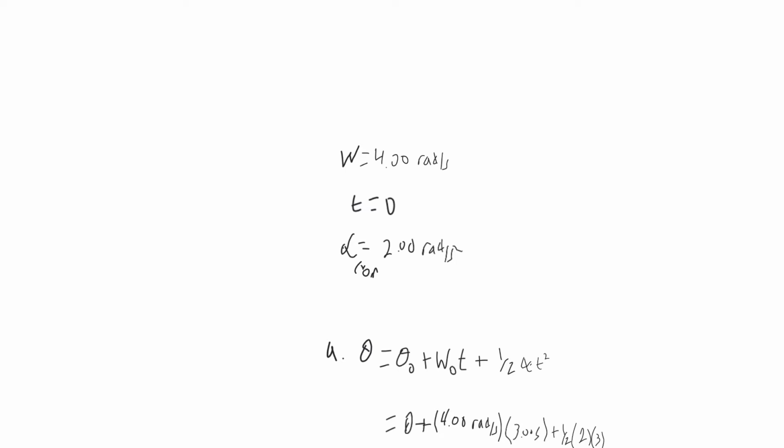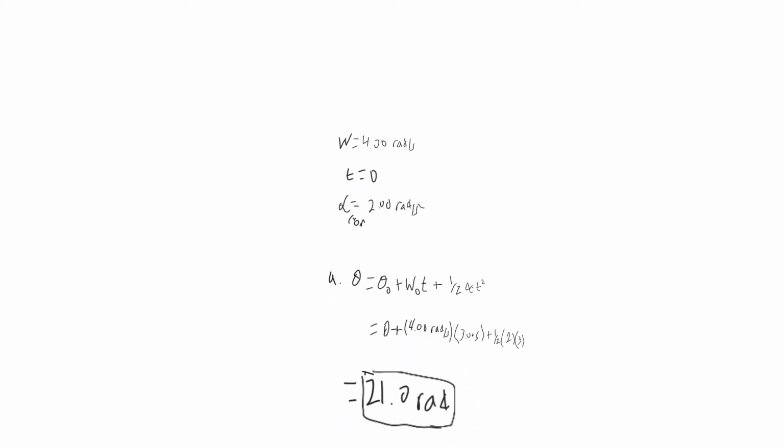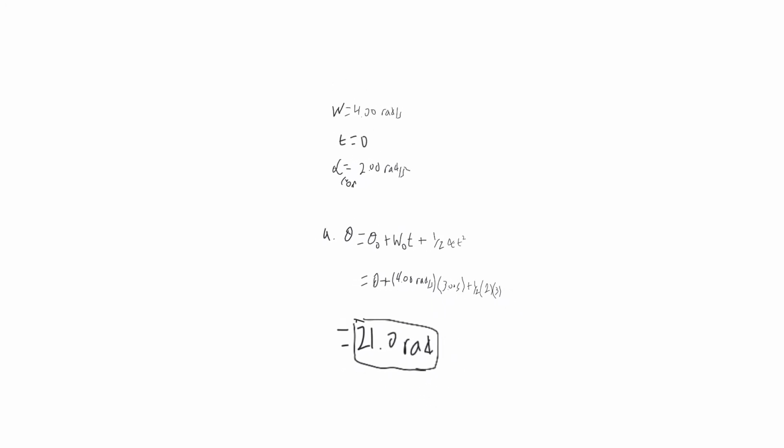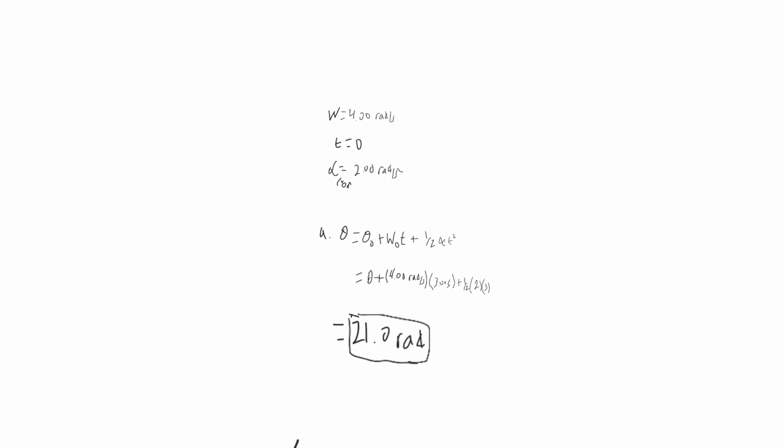So how can we find this angle at this certain time? We know that the angle is equal to the initial angle plus the initial angular velocity times the time plus half of the angular acceleration times the time squared, right?